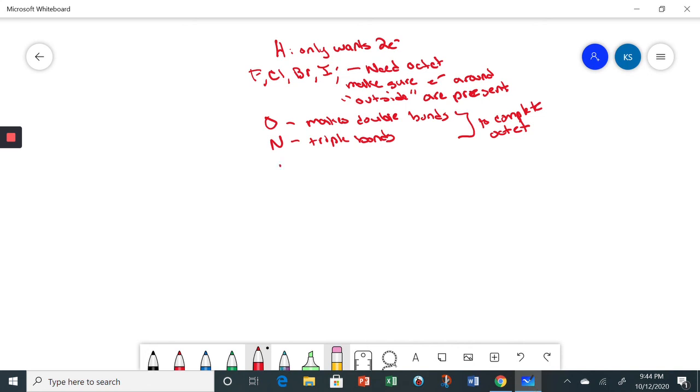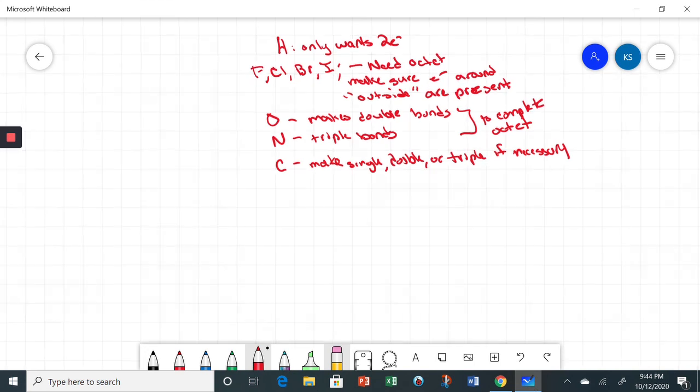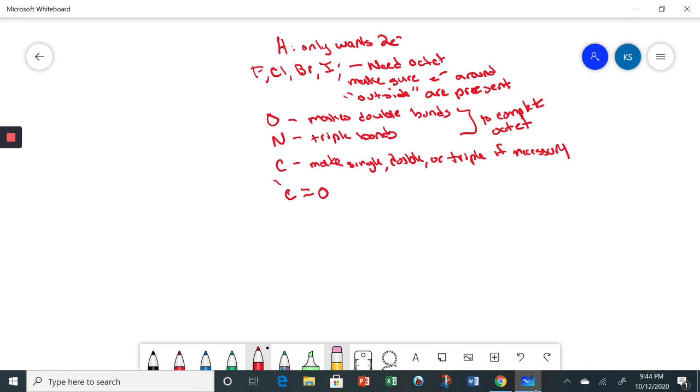Carbon can make single, double, or triple if necessary. You can have carbon double bonded to an oxygen like this, and oxygen will have lone pairs like that. That's common for oxygen.